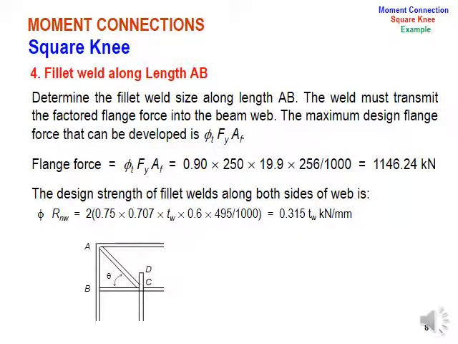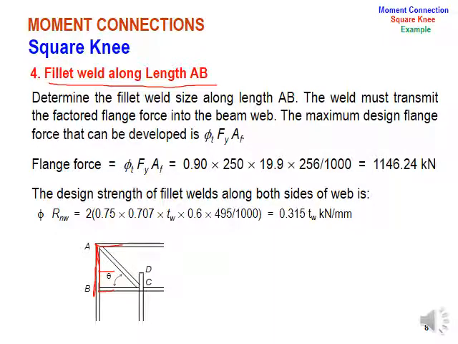Now in the fourth step, the stiffener dimension has been decided. So now the next step is to provide the fillet weld along the length AB. So here your flange is continued for the column, left flange. The top flange of the beam, the bottom flange of the beam, and the web of the beam need to be connected. So this whole length requires a weld.